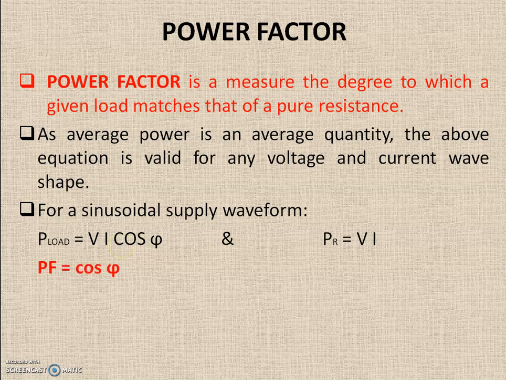The power factor by definition is P load divided by PR, and this VI will cancel out and the power factor will be equal to cos phi. This is the case for a sinusoidal supply. It will be different for other types of loads, but you can apply the same concept because you are getting the average power by integrating the waveform. So the concept is the same, and you can apply it for any kind of alternating waveforms.